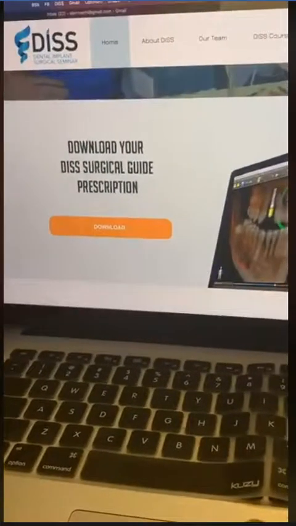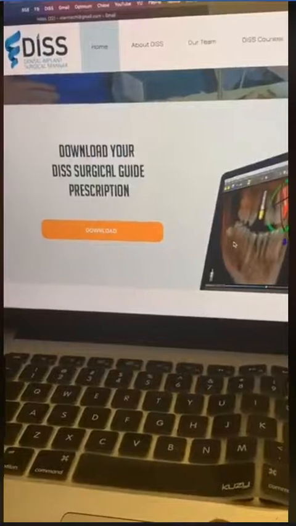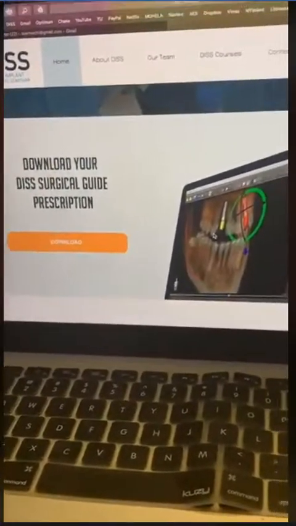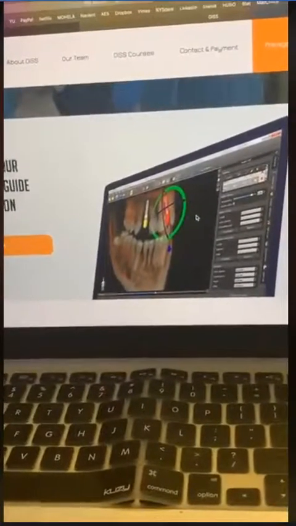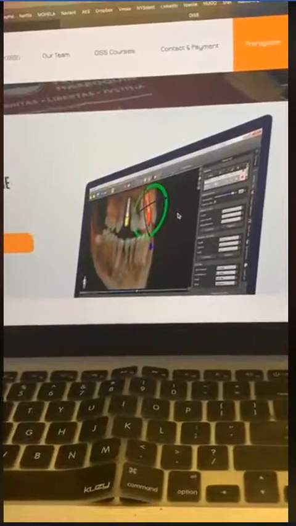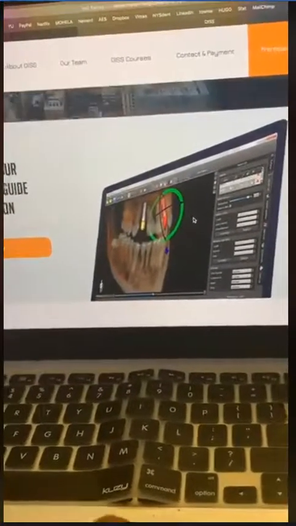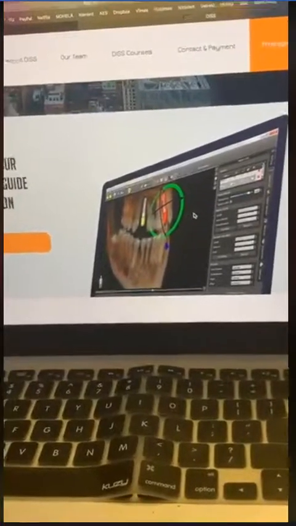I definitely recommend downloading a Blue Sky Bio planner onto your computer. It's a free planning software that you can have.